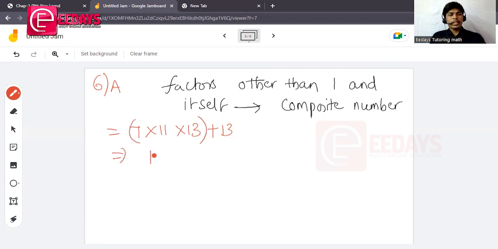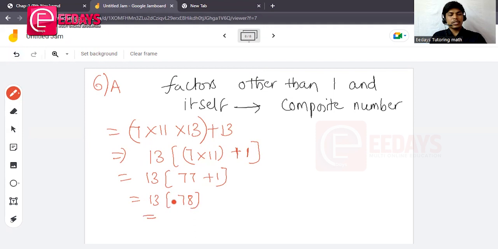After taking 13 as common, you'll get 13 into (7 into 11 plus 1). 7 into 11 is 77, plus 1 gives 78. So 13 into 78.